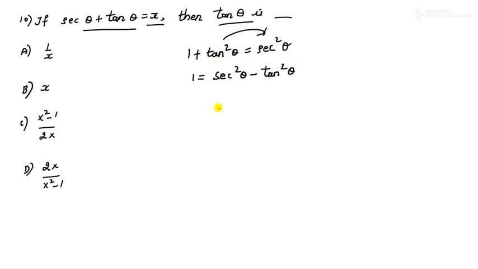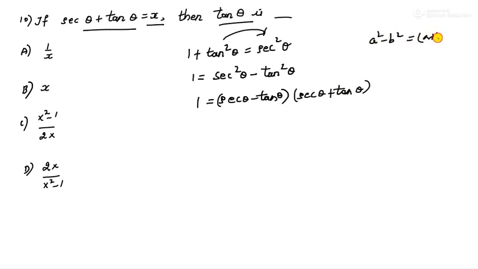Correct? Right? And now this can be written as sec theta minus tan theta into sec theta plus tan theta. Correct? Why is this? Because we have the formula a square minus b square is equal to a plus b into a minus b, right?